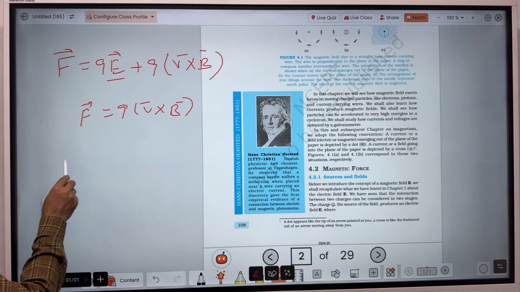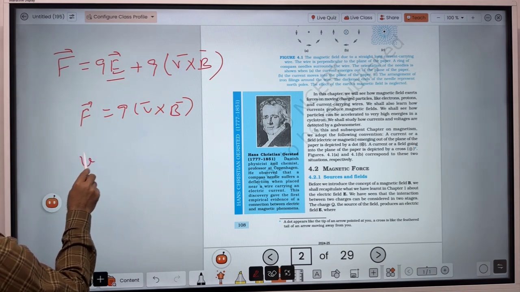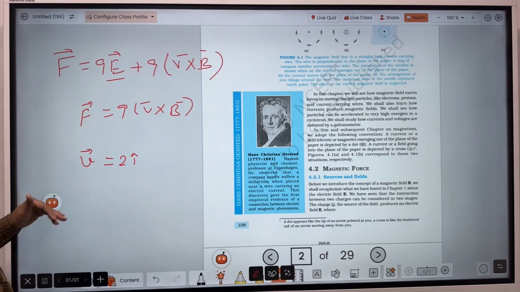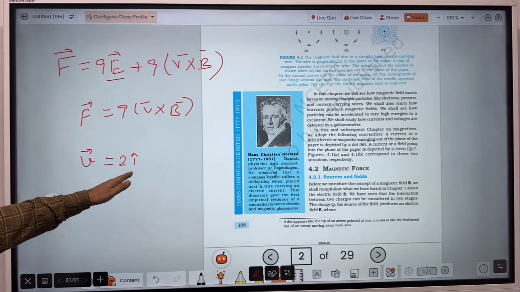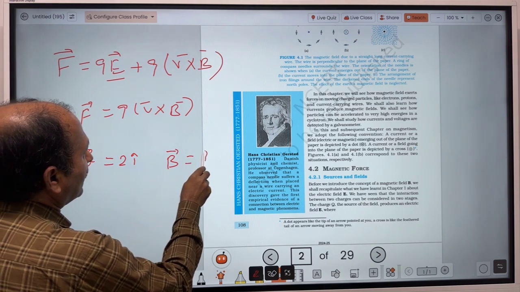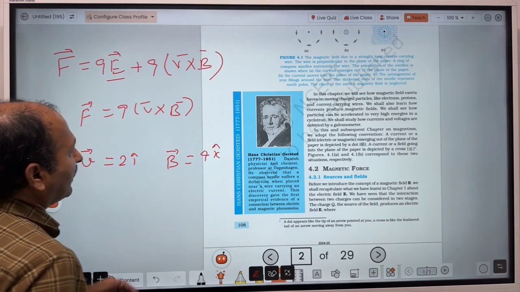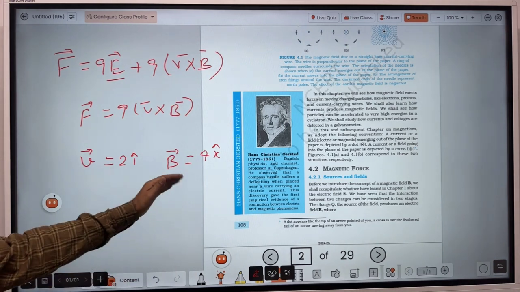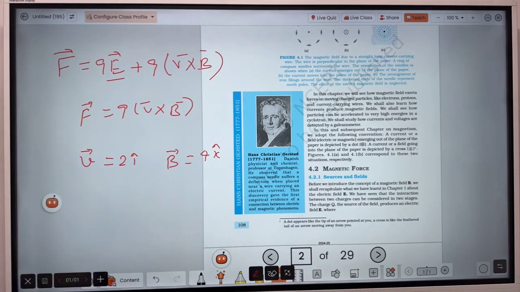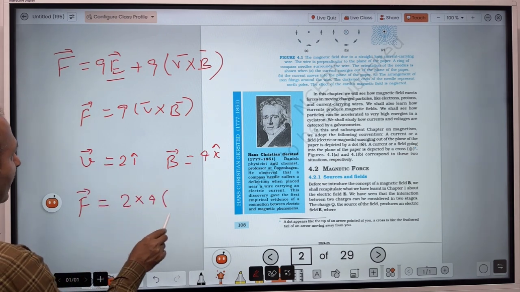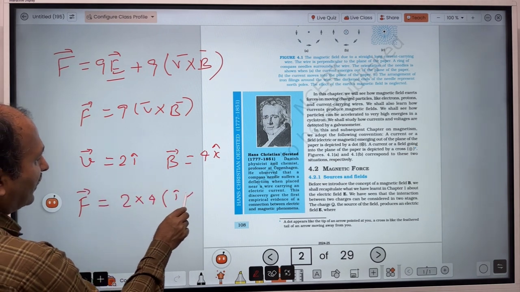For example, suppose V is 2i cap. It means the particle is moving along the x-axis, and B is suppose 4k cap, meaning the magnetic field is perpendicular upward along the z-axis, and you want to find out the direction of the force. In that case you can say F will be 2 into 4 and then i cross k.